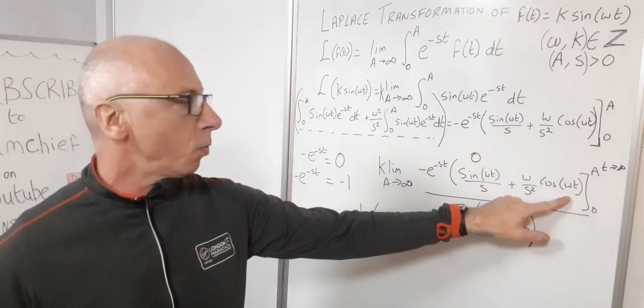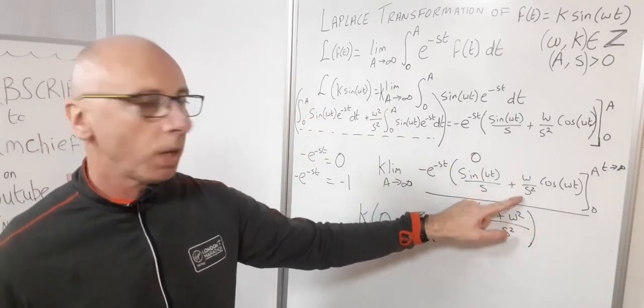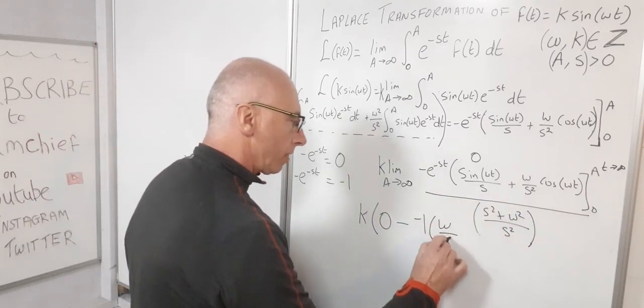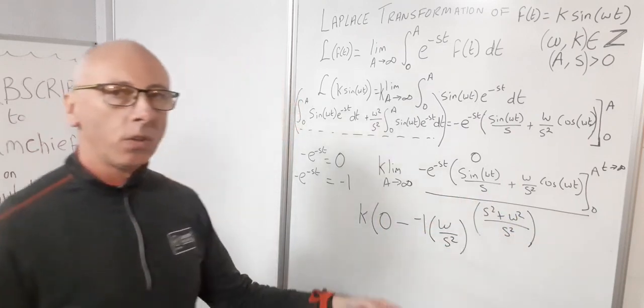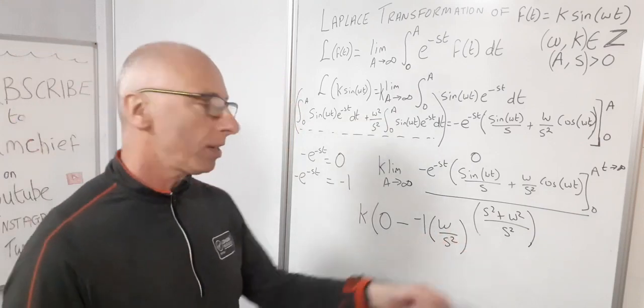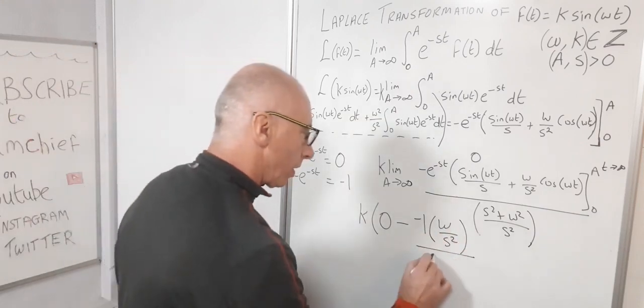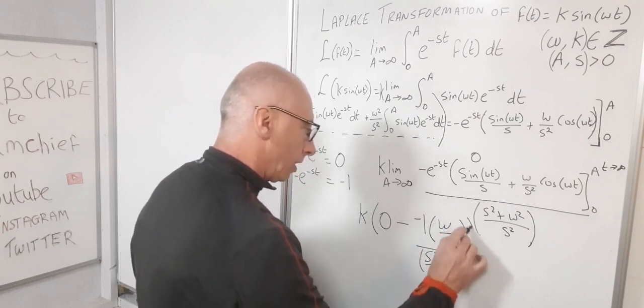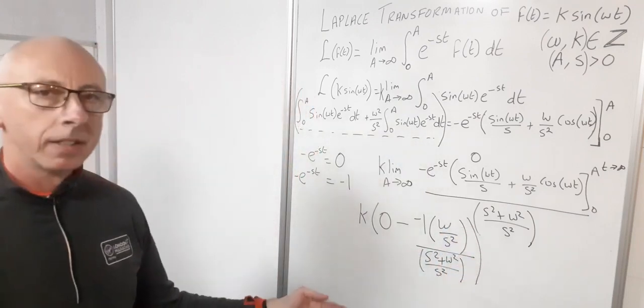Cosine of 0 is 1. So we're just left with w over s squared. So now we've got w over s squared. And then all of this will be divided by this term here. So now we've got s squared plus w squared over s squared. And that all becomes in there.